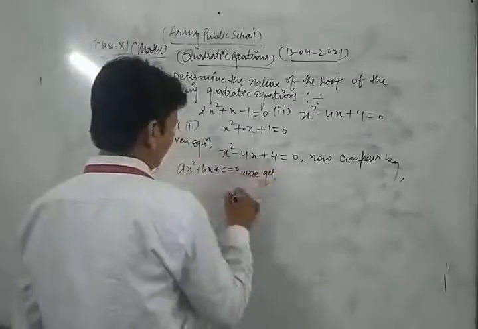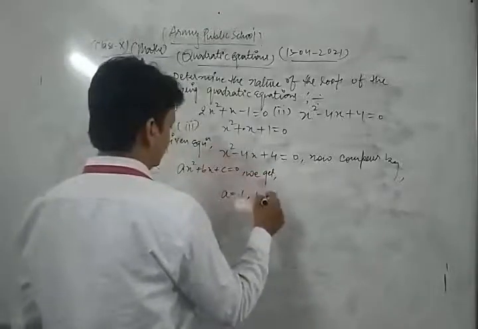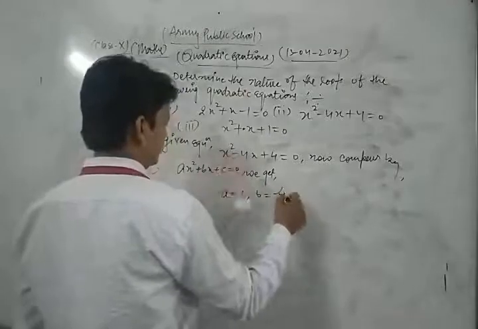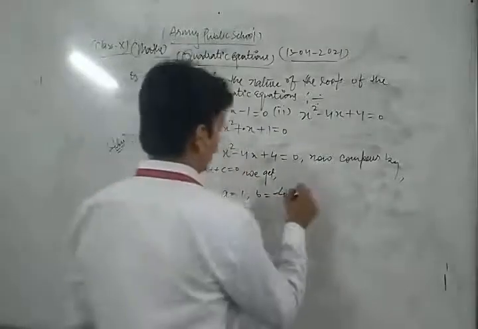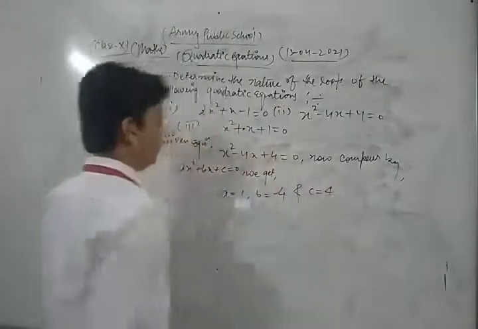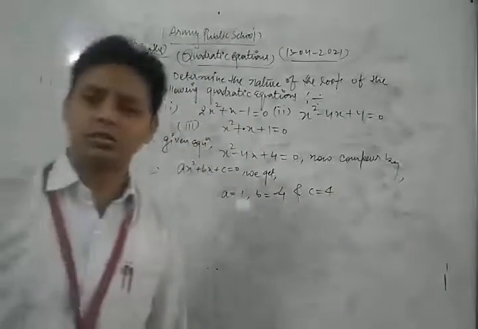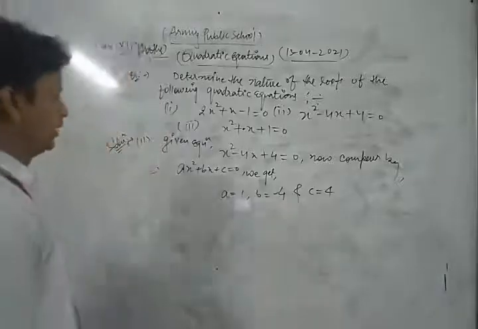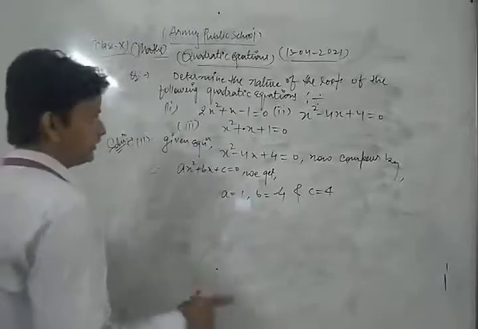We get a is equal to 1, b is equal to minus 4, and c is equal to 4. Okay.